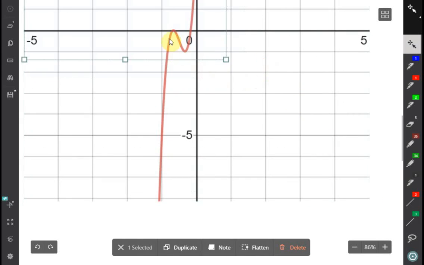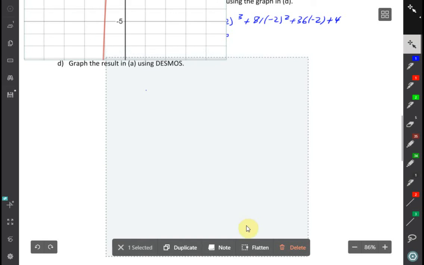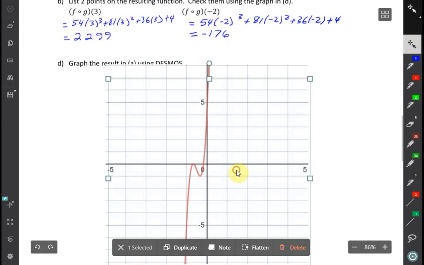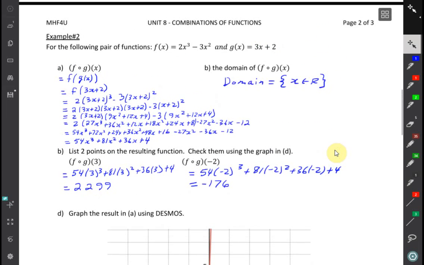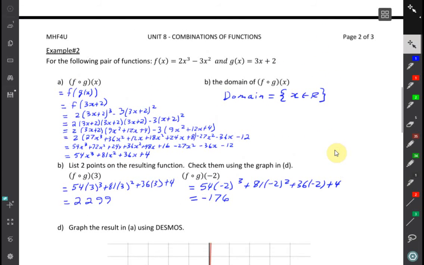There's something I would like you to consider now that we have this graph in here. And that's just to think about the connection between these two functions. Remember, we talked earlier when we were looking at set notation and being able to analyze the points themselves, that the output of the innermost function, in this case g of x, is the input to this function. So let's take a moment and just consider the connection here.